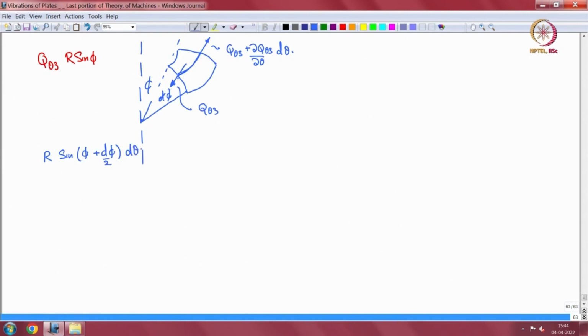I am considering this point to be at d phi by 2. So this length is r sin of phi plus d phi by 2 into d theta. That is this dimension.